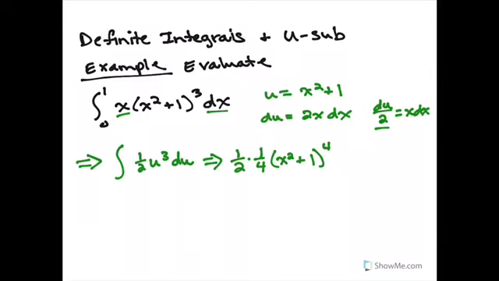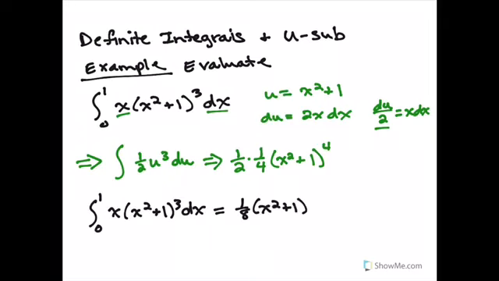So my integral from 0 to 1 of x times x squared plus 1 cubed dx is going to be 1/8 times x squared plus 1 to the 4th evaluated from 0 to 1.